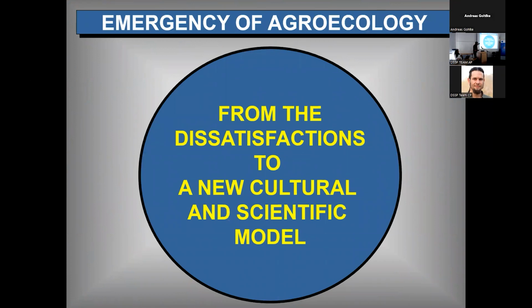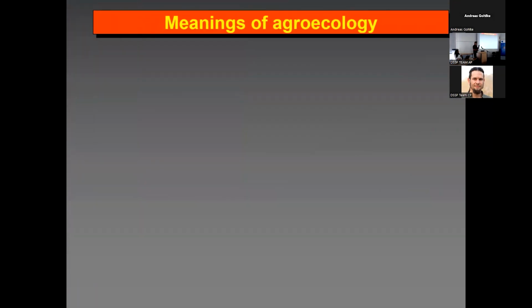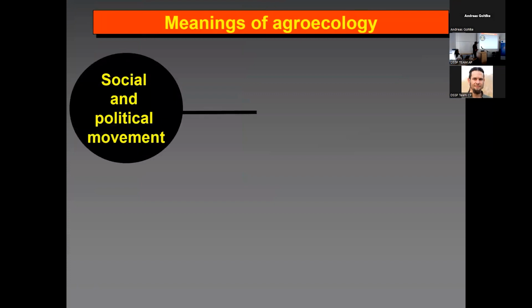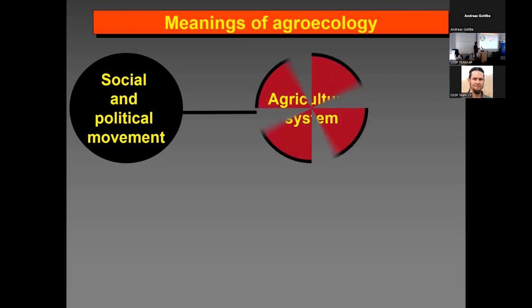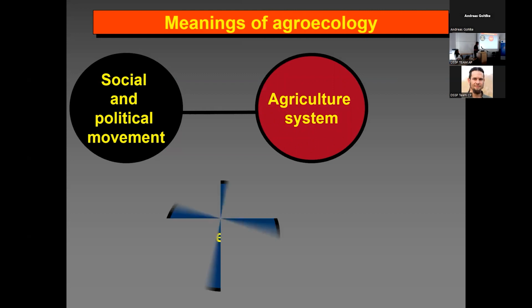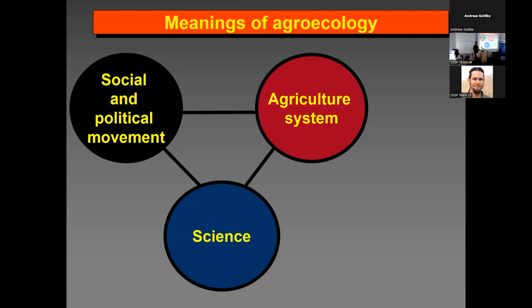Agroecology is a new cultural and scientific model, but it has at least four meanings. One of them is a very powerful social and political movement, very powerful in Brazil, Cuba, and Mexico. But at the same time, agroecology is an agriculture system, which we name ecological agriculture. At the same time, it's a science, the science of the agroecosystem.